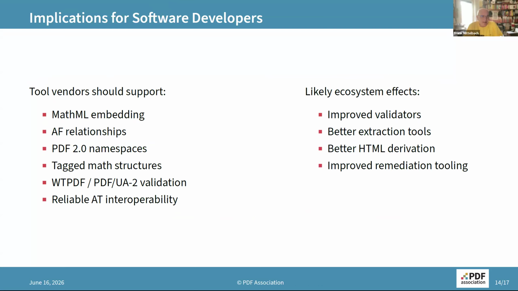So implications for software developers, we basically have three groups here, I would say. First of all, there are the PDF producers.